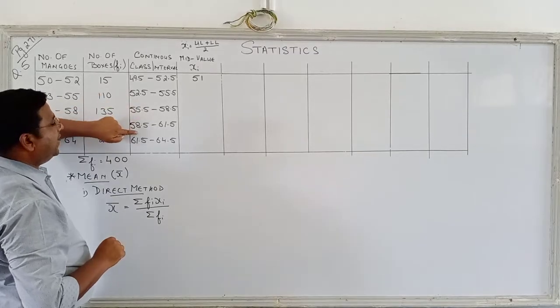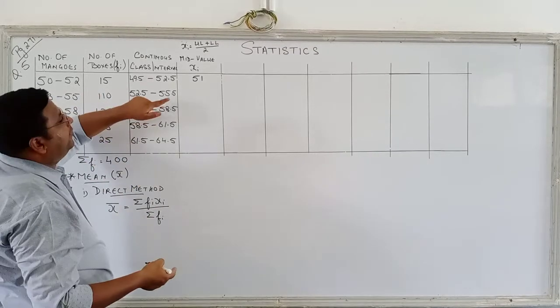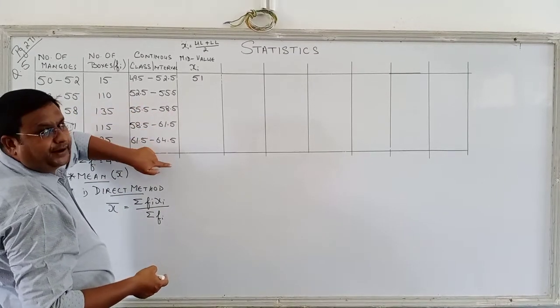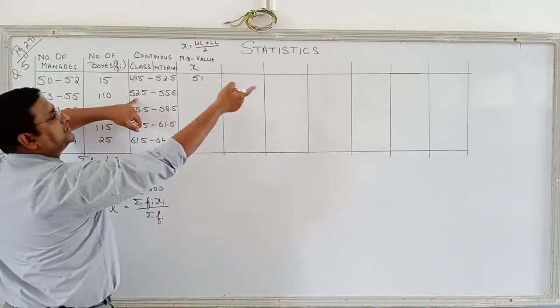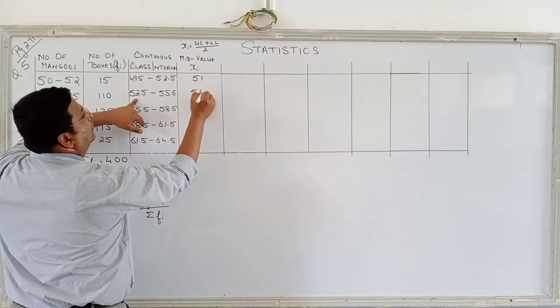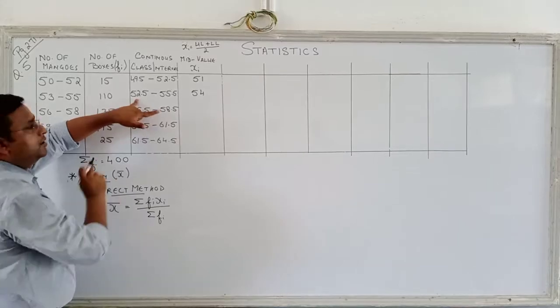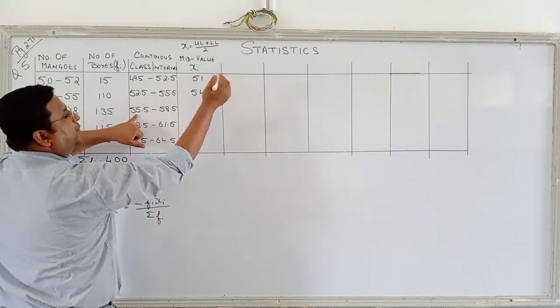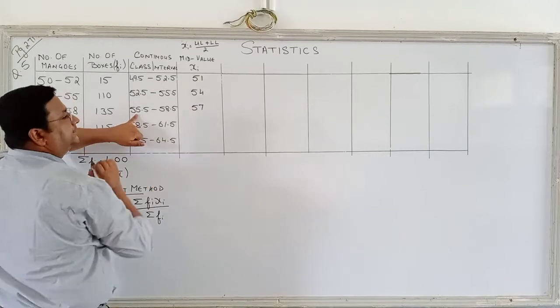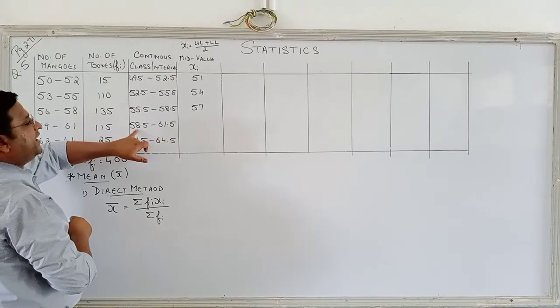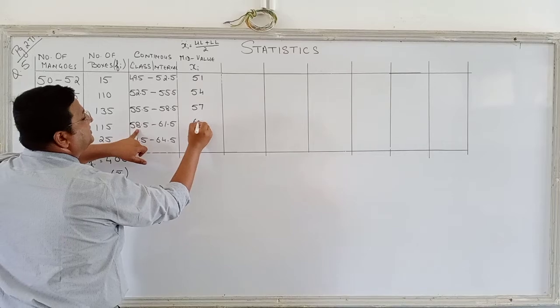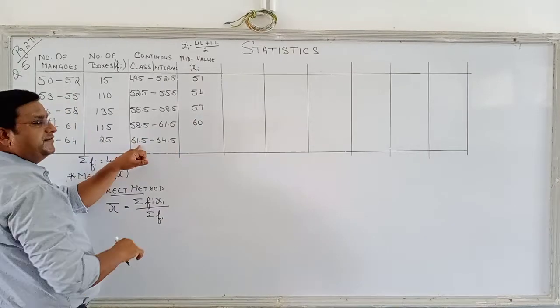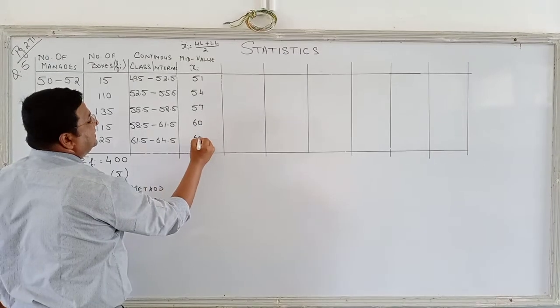Add 1.5 to lower limits or reduce 1.5 from upper limits. So 52.5 plus 1.5, 54. Yes or no? 0.5 becomes 53 and 1, 54. 55.5 and 1.5, 57. Isn't it? 58.5 and 1.5, 60, and 61.5 and 1.5, 63.